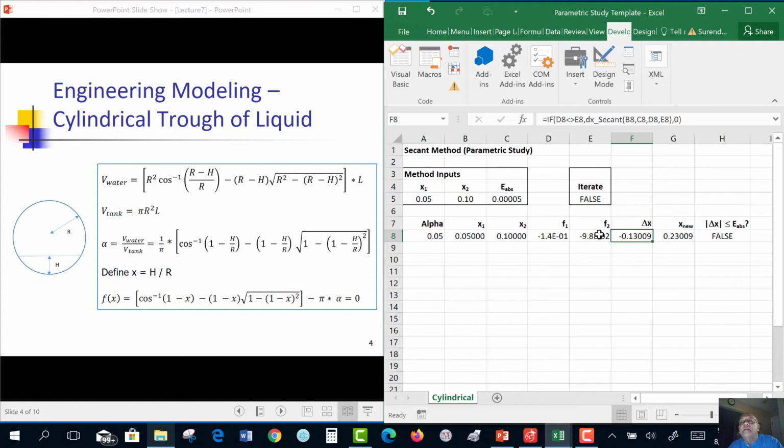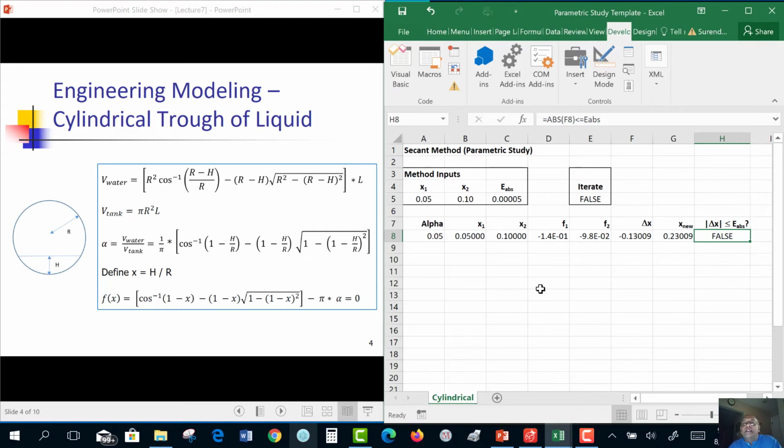Remember, this is what you did in lab number 2. If f1 is not equal to f2, to avoid division by 0, we'll use the function dx. We'll pass all these values, x1, x2, f1, f2, 4 values. But if f1 is equal to f2, then we will say delta x is 0. And then, of course, our x new is x2 minus delta x. And then we are just checking our absolute criteria, whether delta x is less than EABS or not.